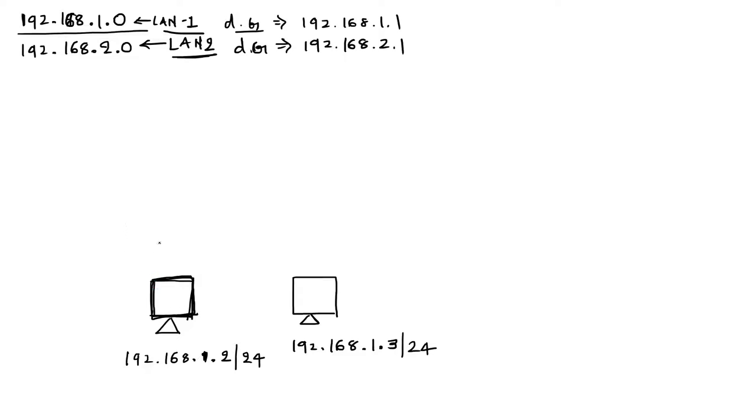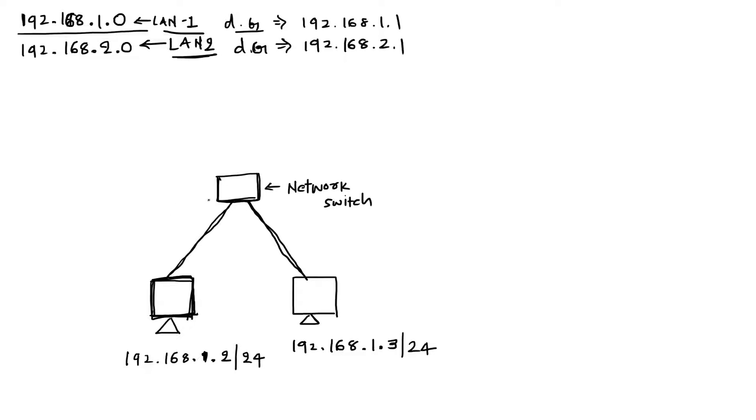But first of all we will check internal LAN connectivity, then we will connect these two LANs. So let us take one switch. This is a network switch. We'll connect this PC to this network switch on one port, and on the second port we will connect this PC to this network switch.